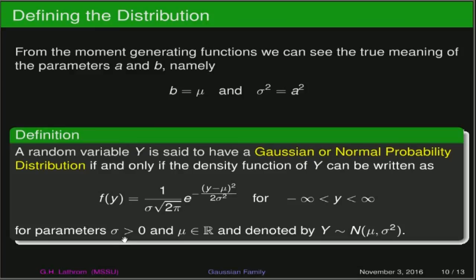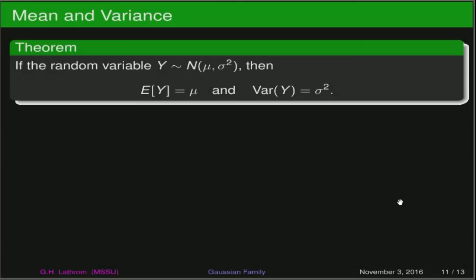And so we'll denote that with our parameters sigma being a positive real number and mu being any real number. Then we denote that y is distributed by a normal distribution with a mean of mu and a variance of sigma squared.